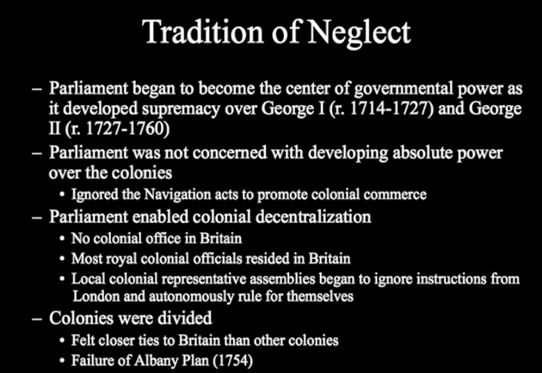Another important event that shows the colonies were divided was the introduction of the Albany Plan in 1754, before the Seven Years' War, which we'll cover later, was about to break out. Benjamin Franklin introduced this plan that would unite basically all the colonies under one central government. However, the colonies rejected this idea.